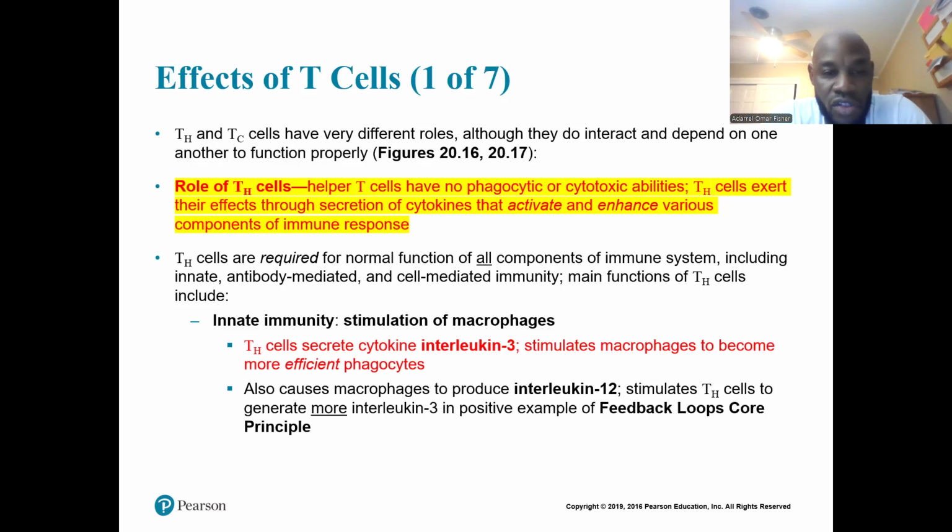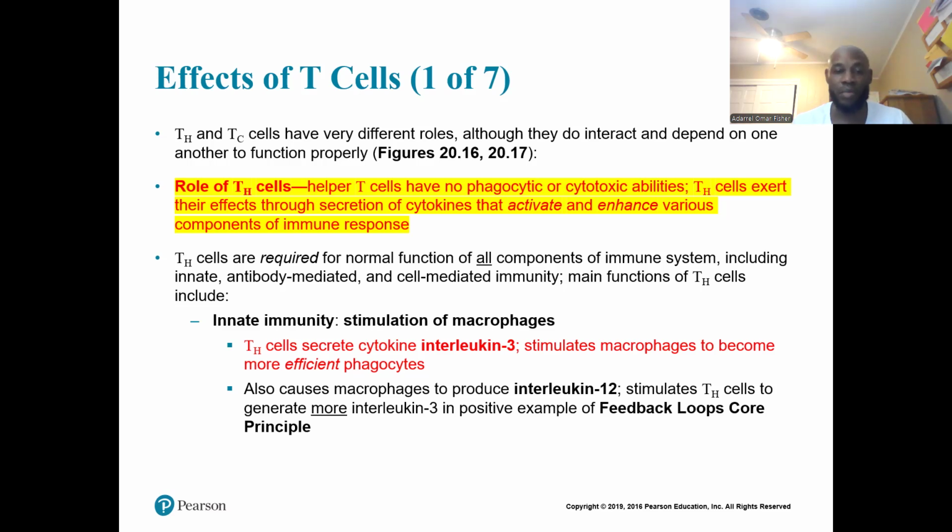So these helper T cells are required for the normal function of all components of your immune system. That's why things like HIV, which mess up the function of our helper T cells, can cause such problems, right? So our helper T cells work with our innate, our initial response, as well as our antibody-mediated and cell-mediated immunity.